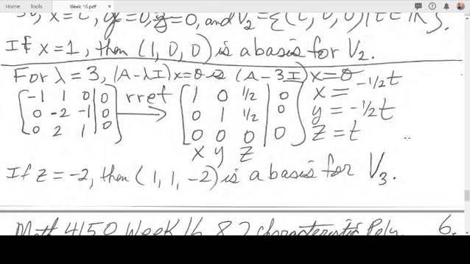And so we find, for example, if we let our parameter be negative 2 to get rid of the fractions, you could say that 1, 1, negative 2 is a basis for V3.